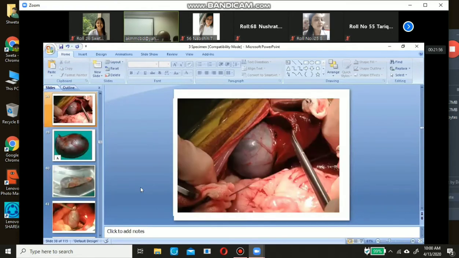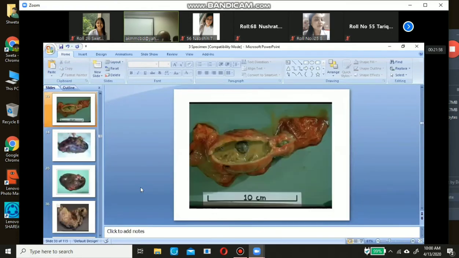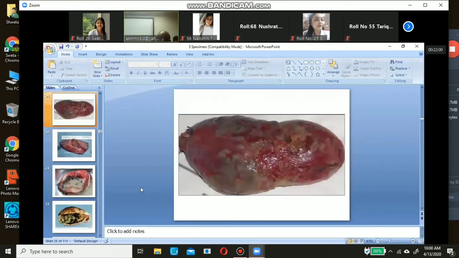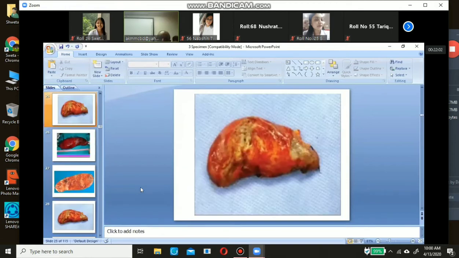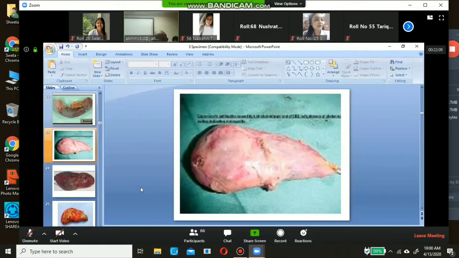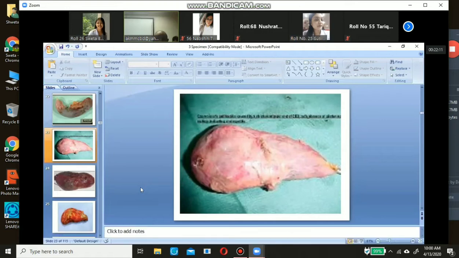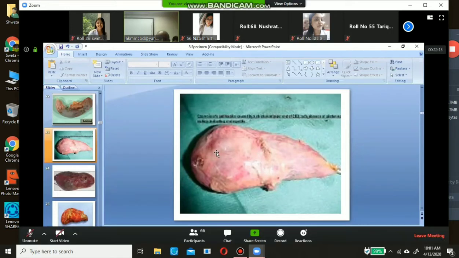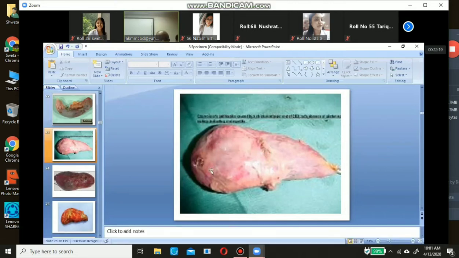Now, see the first picture. This one. Does it look like normal? No. The gallbladder wall is thickened. It is very thick. And obviously, it is dilated.